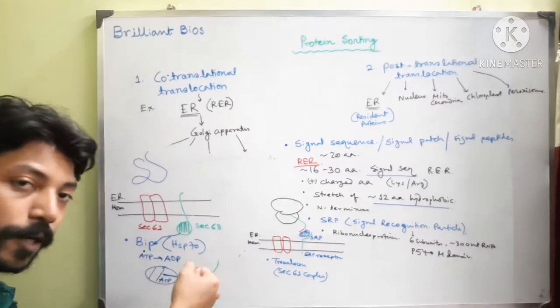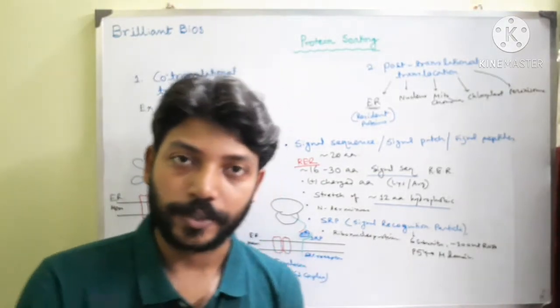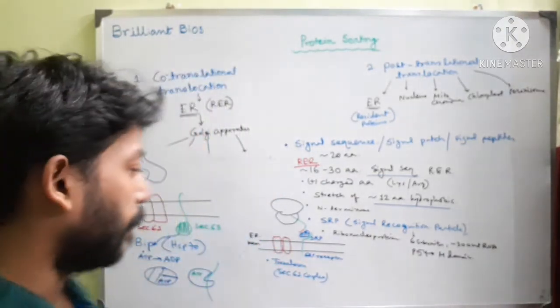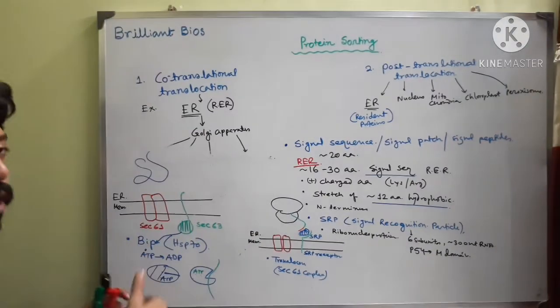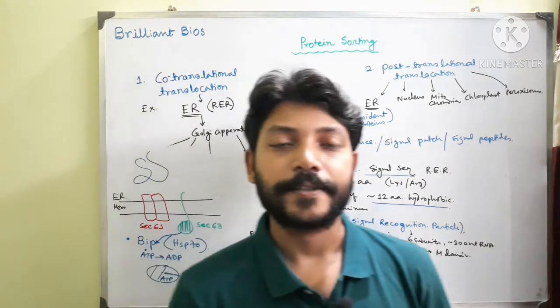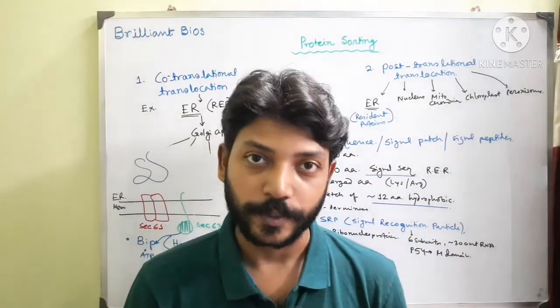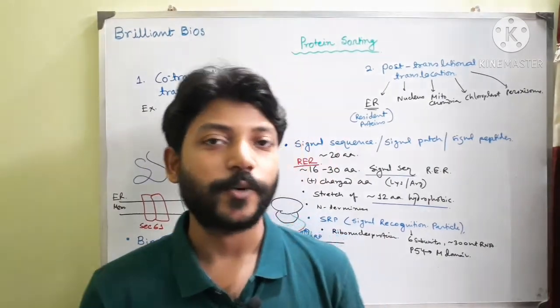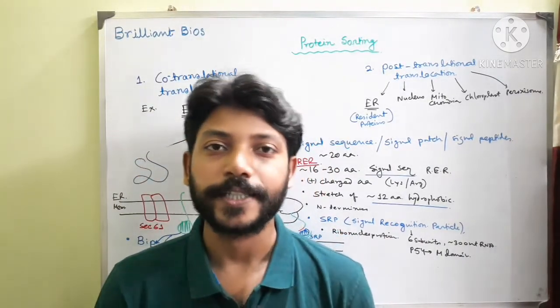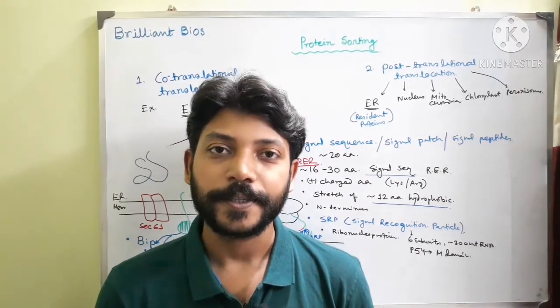So it will be tightly bound with the protein and actually acts as a ratchet. It will pull the protein into the endoplasmic reticulum. So this is the beginning of this class on protein sorting, how proteins enter into the endoplasmic reticulum. In my subsequent classes, I will discuss protein sorting in more detail. Thank you for watching and always keep learning.